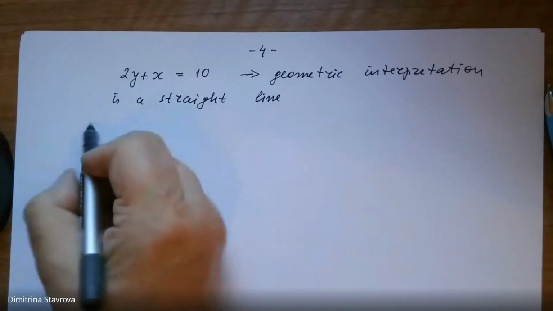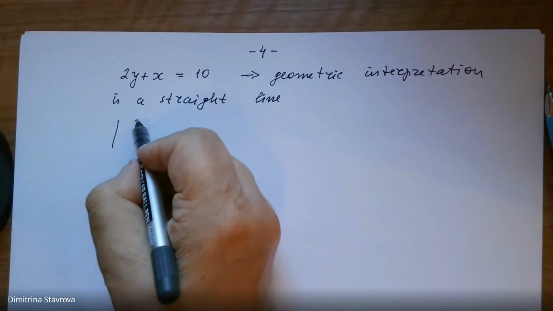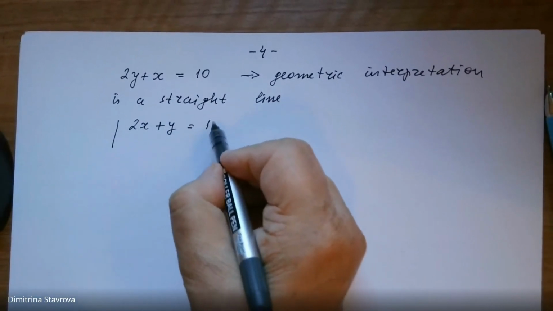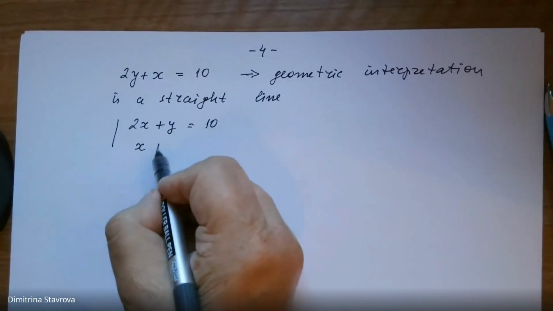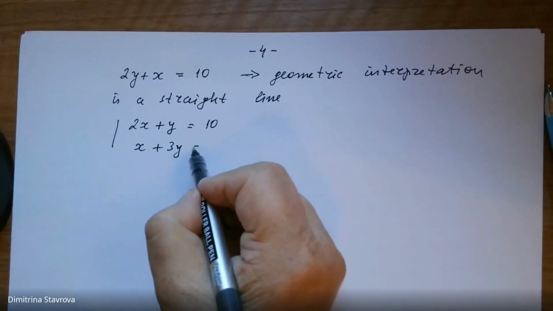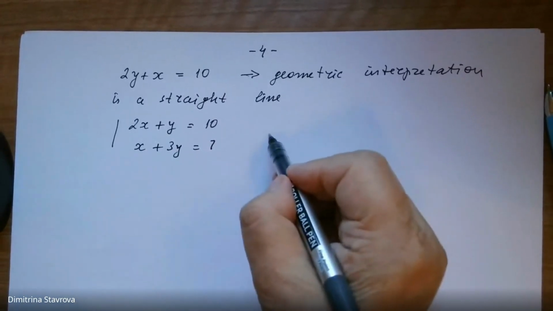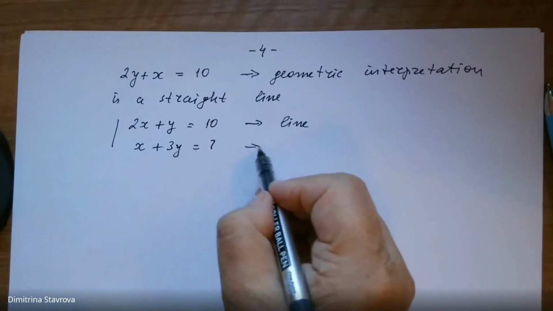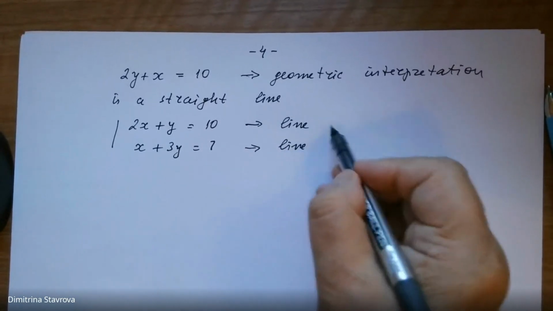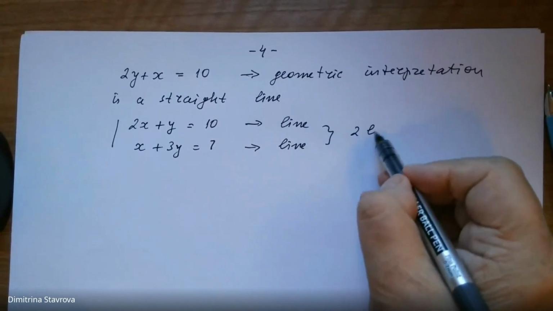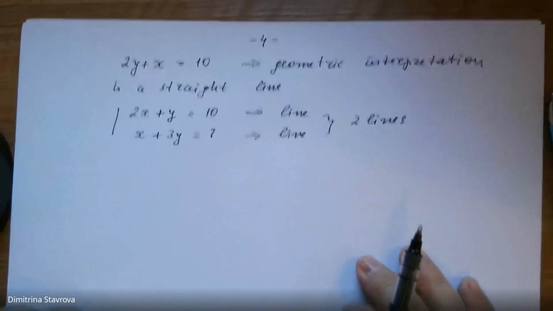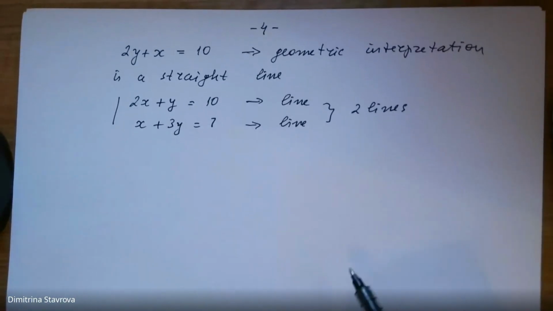If we have two, say 2x plus y equals 10, and x plus 3y equals 7, then in fact we have one line and another line. So we do have two lines. If we do have two lines, things become a little bit easier.